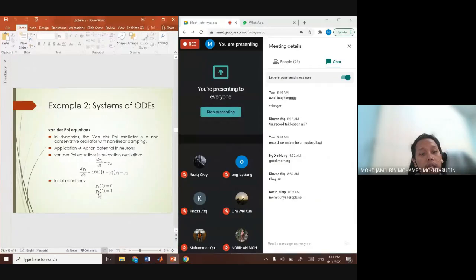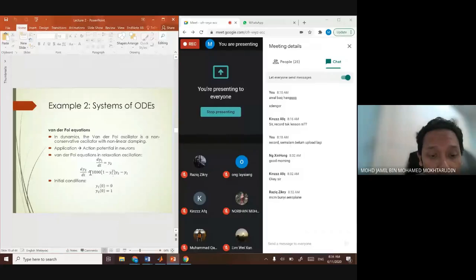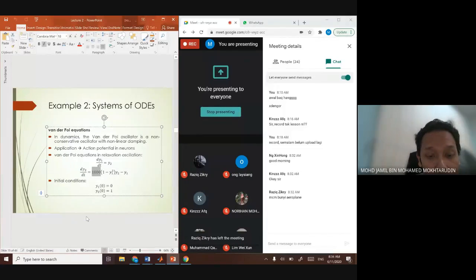Okay, so let's say you are given this equation and your initial conditions: y1 at time 0 is 0 and y2 at time 0 is 1. There are no parameters, the parameter value is already given here, 1000.